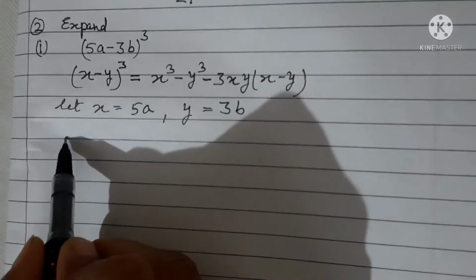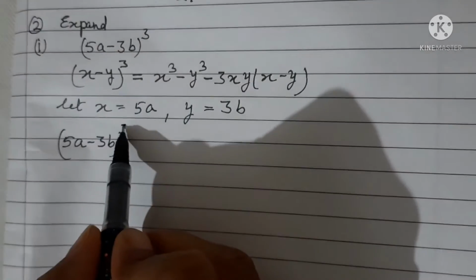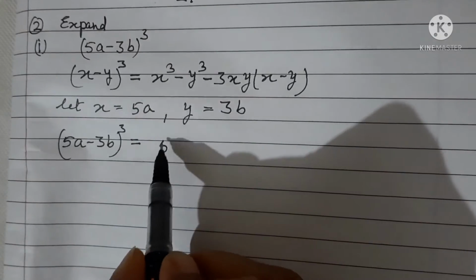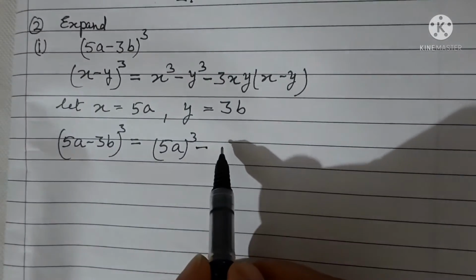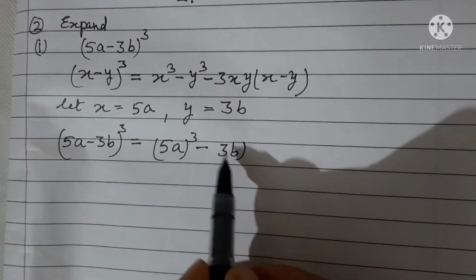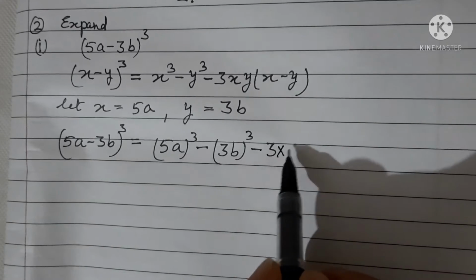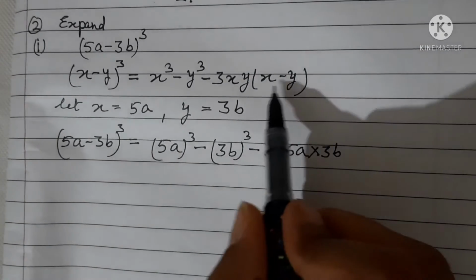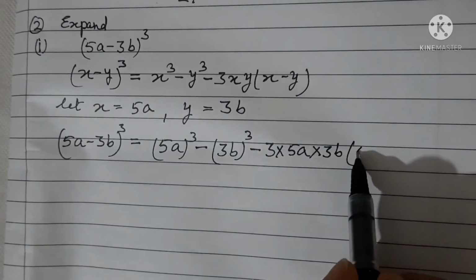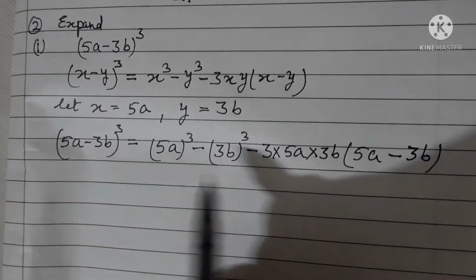So here 5a minus 3b whole cube is equal to 5a cube, x cube minus y cube means 3b cube, minus 3xy, 5a into 3b and x minus y, 5a minus 3b.